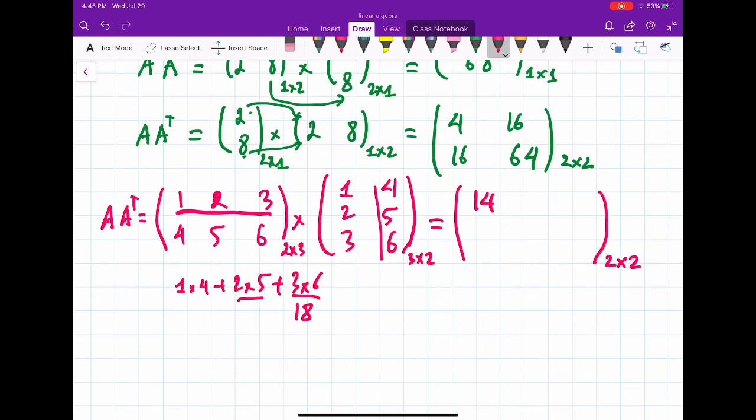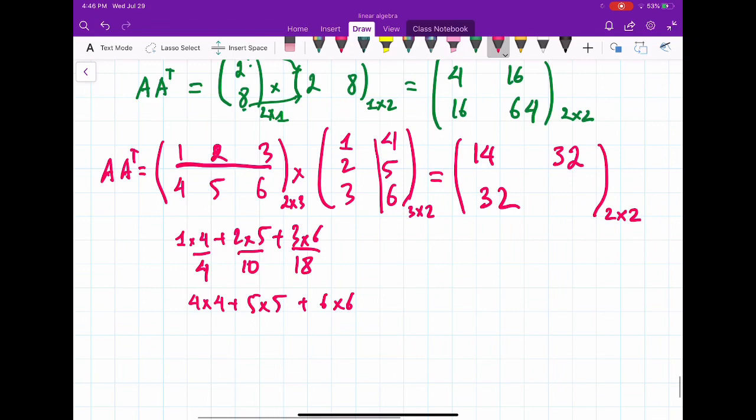That is 4, that is 10, that is 18. So you have 32, right? I can write 32 in here right away. Okay, I will explain that later. And then the last term is 4 times 4 plus 5 times 5 plus 6 times 6. That is 16, 25, and then 36, right? So I have 77.